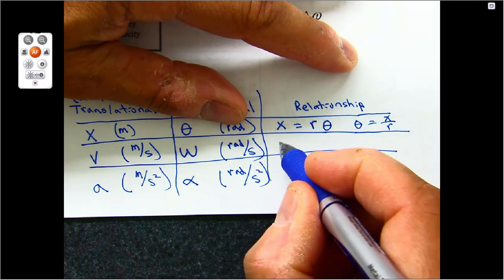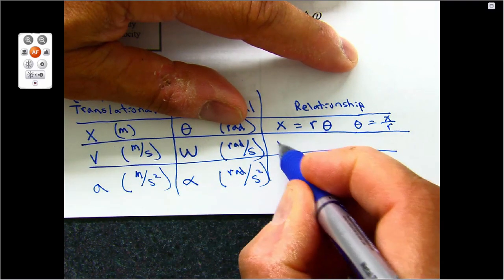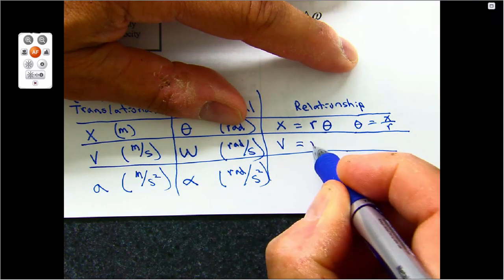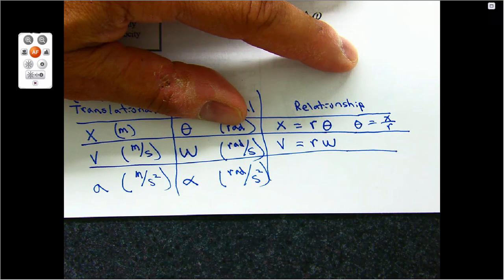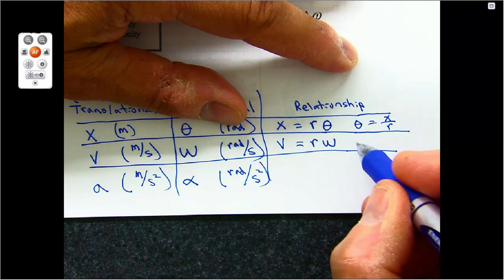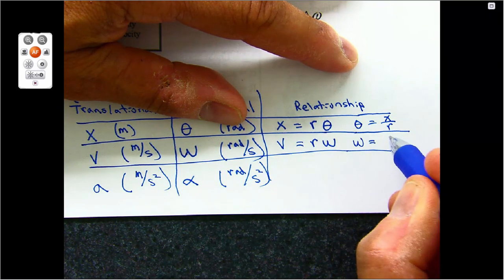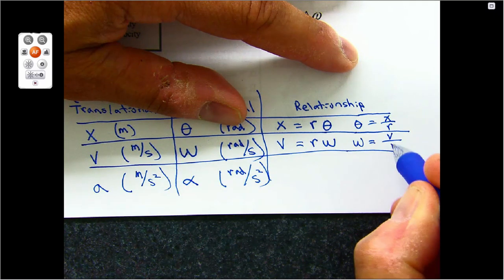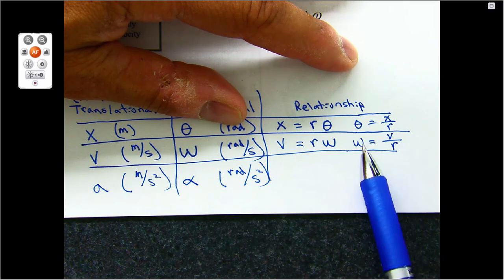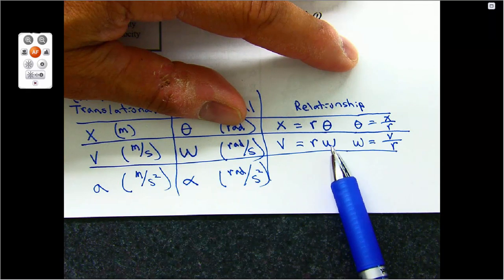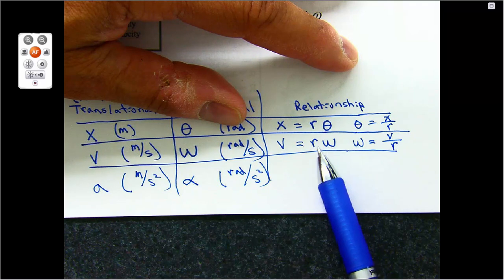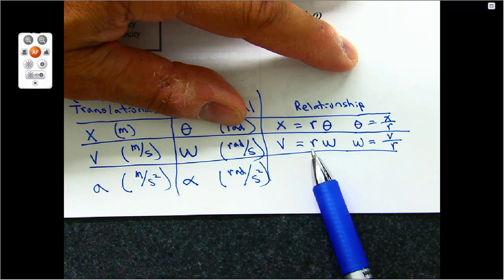Now here I want to get meters per second. So this is going to be R omega. This is in radians per second, right? This R would be in meters.